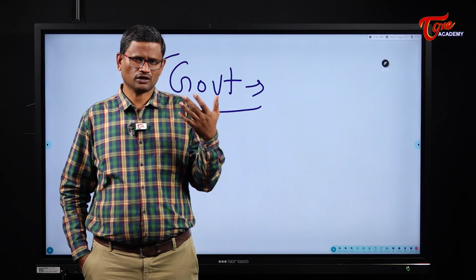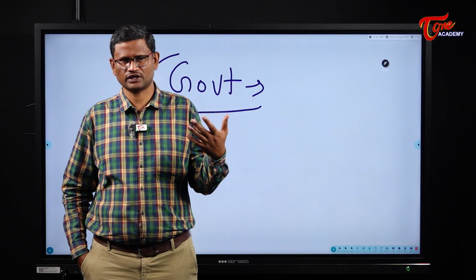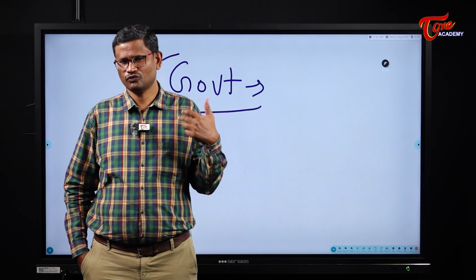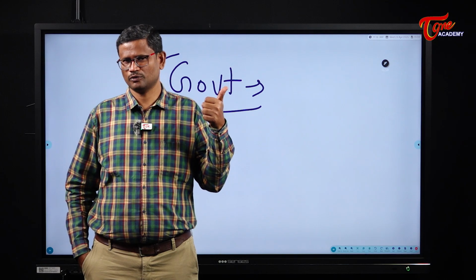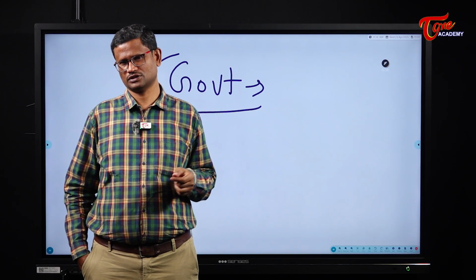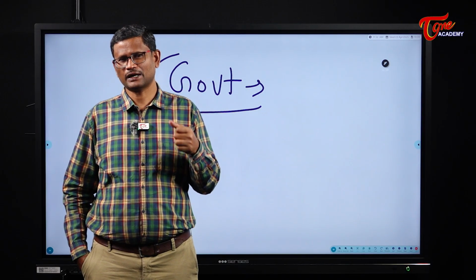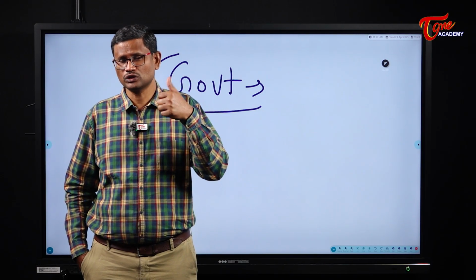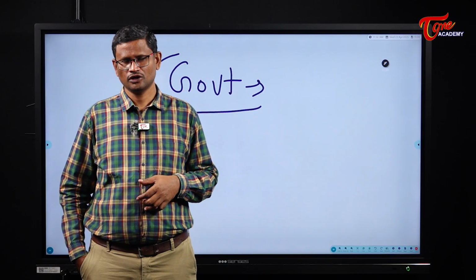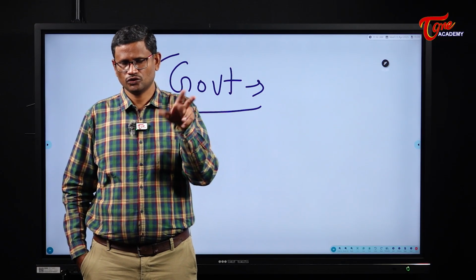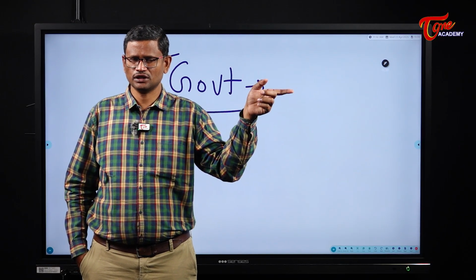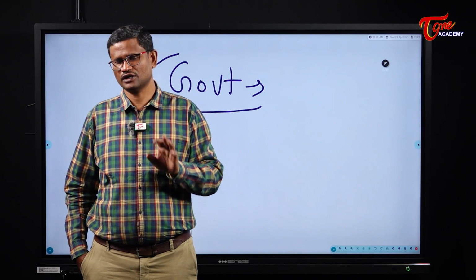So when we were making a constitution for independent India, we had before us two options: parliamentary democracy and presidential democracy. See, presidential democracy stood for stability. Parliamentary democracy stood for accountability and responsibility. But we cannot have both. You cannot have both accountability and stability in one kind of government.